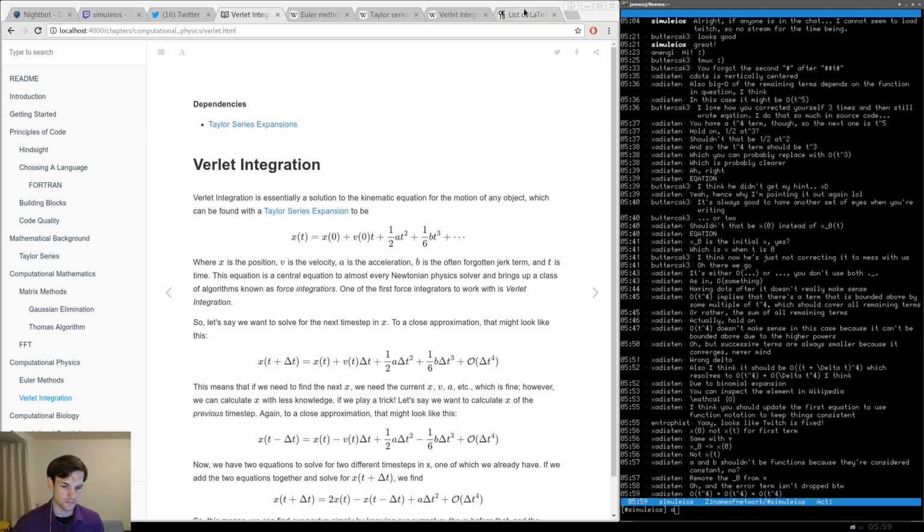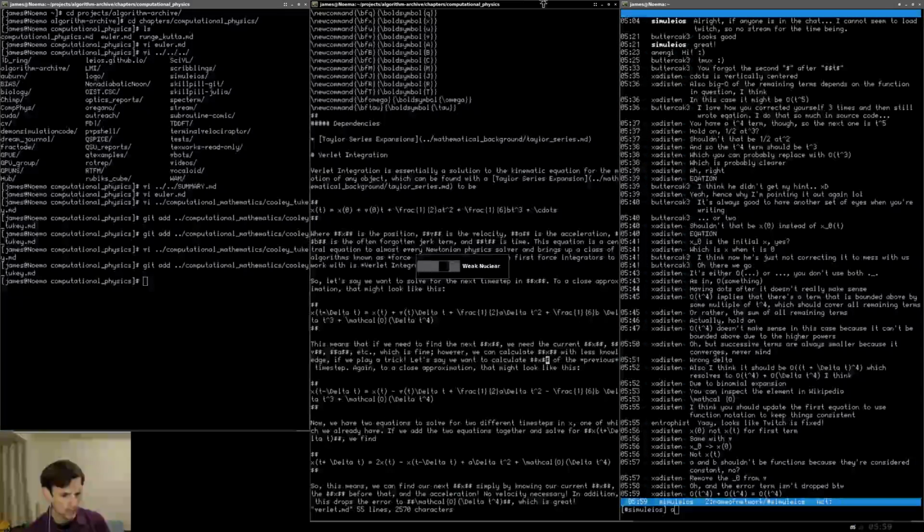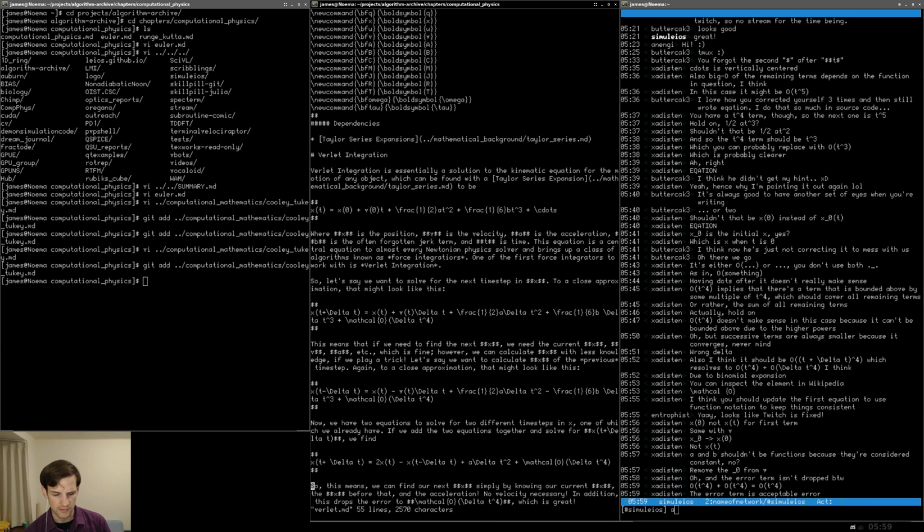Like, this is O of t to the fourth plus O of t to the fourth. I agree, but here, let me leave it and let's have the discussion in just a second. I'm not convinced that we need to get rid of that, or that we should put no O in that first equation. I kind of want it without the O, because without the O means that it just continually propagates forward, which is kind of what I wanted to show.